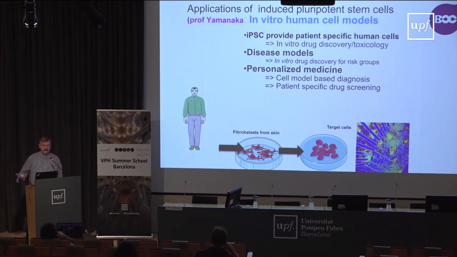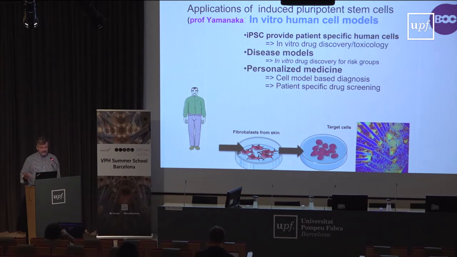So introducing the genes for your cells, whether they are skin cells, your blood cells, whatever. If you introduce the genes that define the stemness of the cell, we can actually generate stem cells that you can then change to any kind of other cells of the human body.